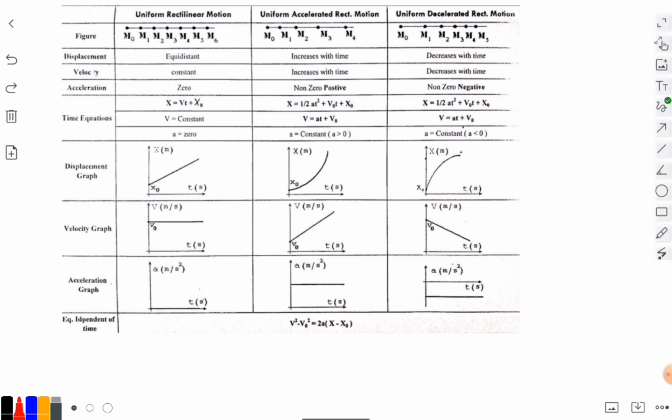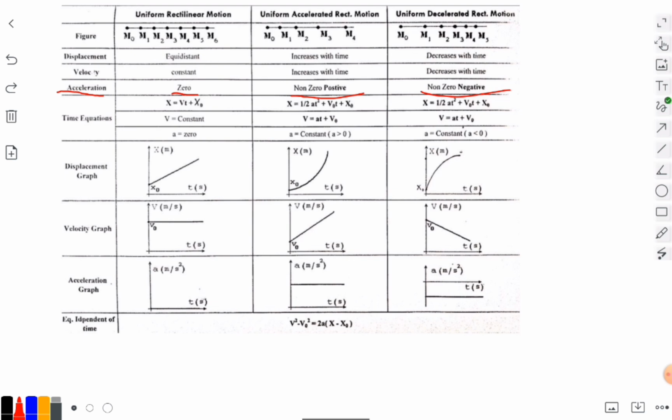The velocity in uniform decelerated rectilinear motion decreases with time. Acceleration in uniform rectilinear motion is equal to 0. In uniform accelerated rectilinear motion it is non-zero positive, always positive, and in uniform decelerated rectilinear motion non-zero negative.